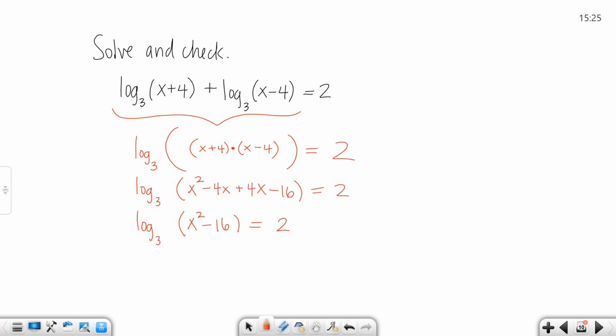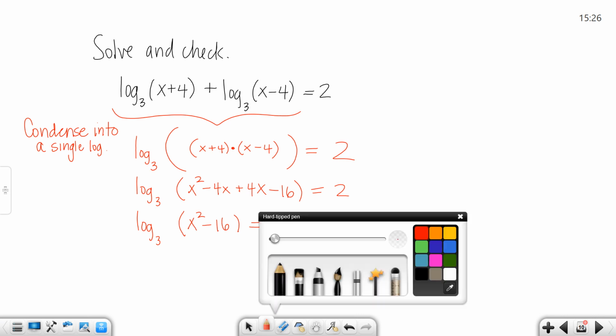Now, at this point, I have condensed down into a single log. At this point, you have to decide, do you set pieces equal or do you make the circles that I referred to earlier?